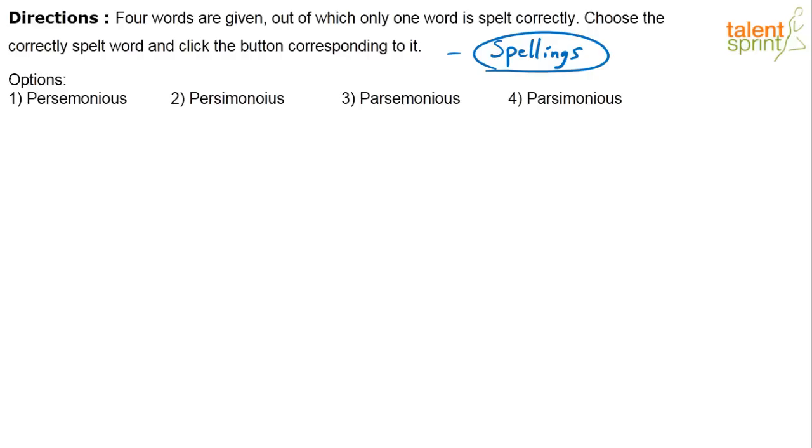Now I'll tell you 3 ways in which you can focus on getting the spellings also right. Again, the first approach that we saw is break it as prefix, suffix, root word, right? The second approach that I want to say is syllable.